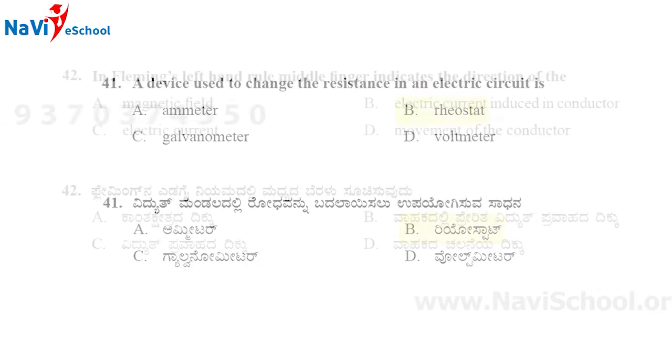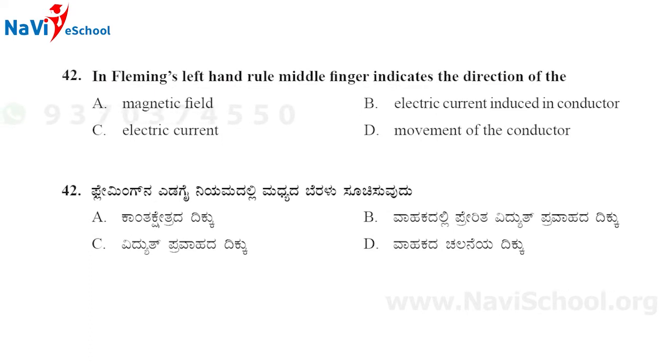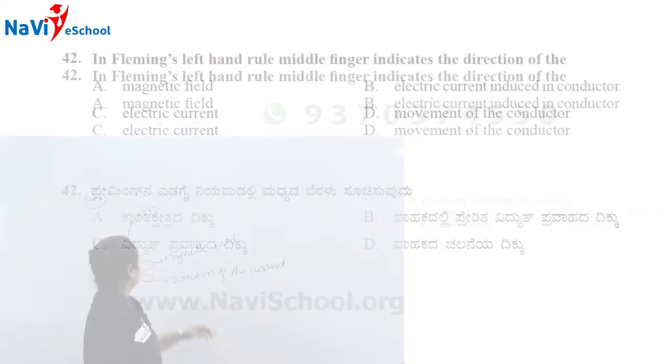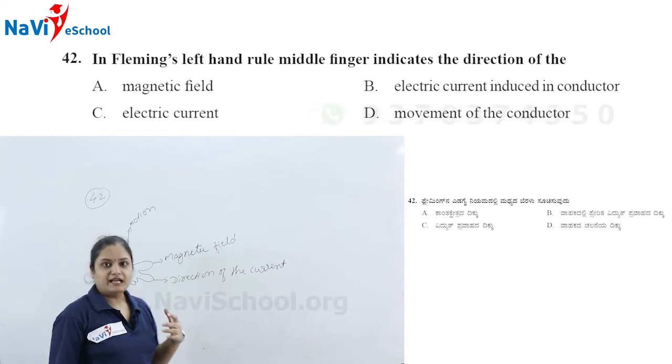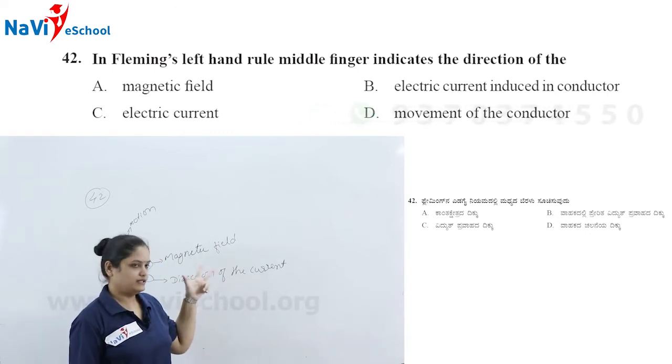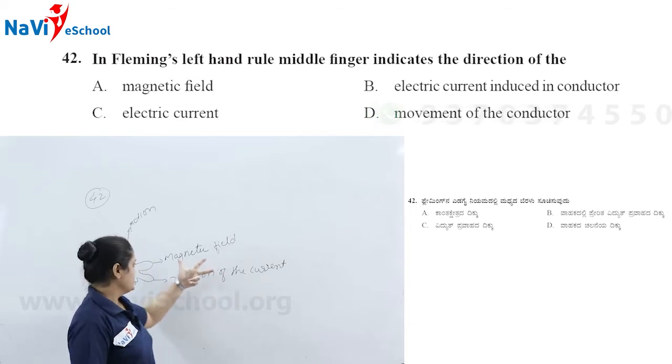Okay. Question number 42. In Fleming's left hand rule, middle finger indicates the direction of the: option A, magnetic field, option B, electric current induced in conductor, option C, electric current, option D, movement of the conductor. See here in the question number 42, Fleming's left hand rule means, see, this is my left hand.